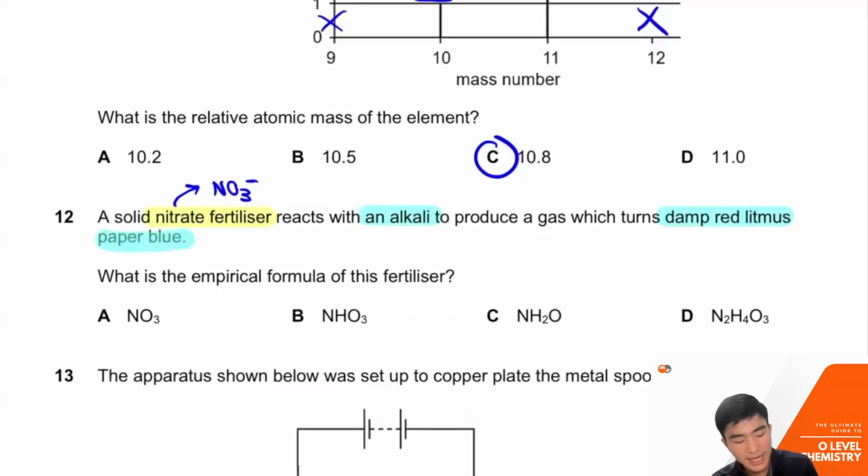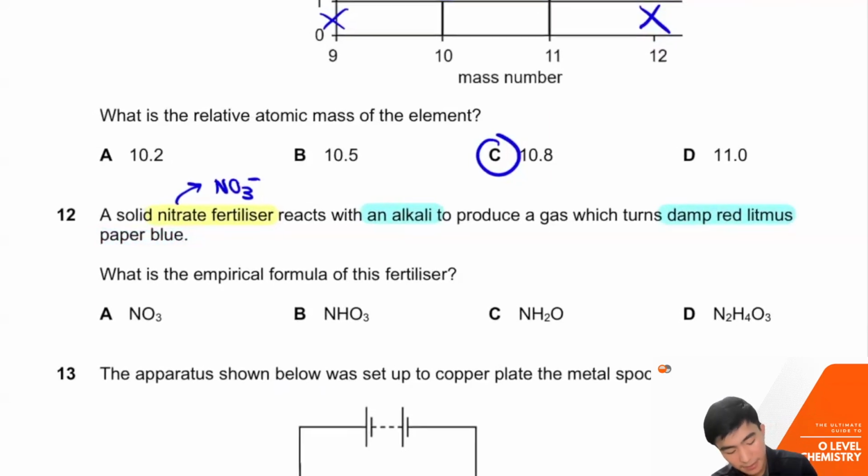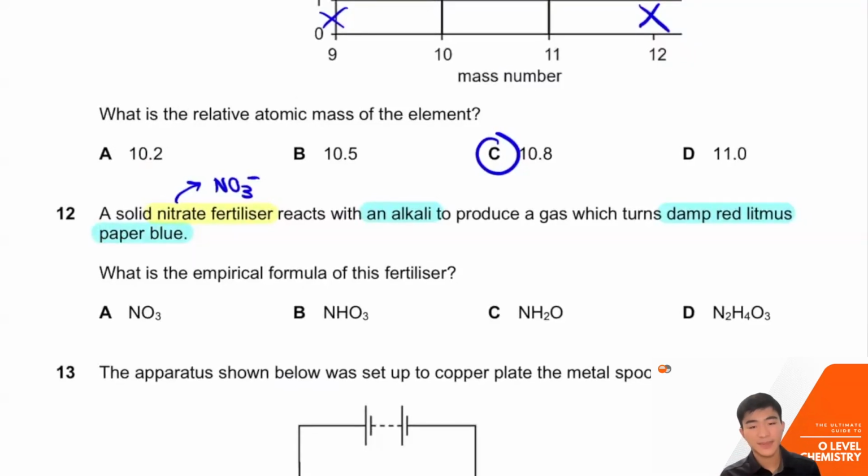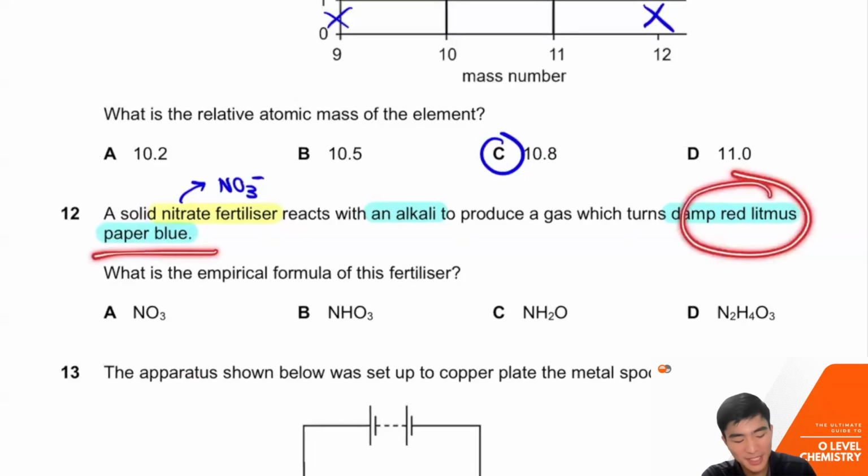Can anybody tell me what is the identity of this gas? Anybody have an answer? Okay, Kaiji, good. Anybody else? Okay, I'm asking for this: the gas turns damp red litmus paper blue.